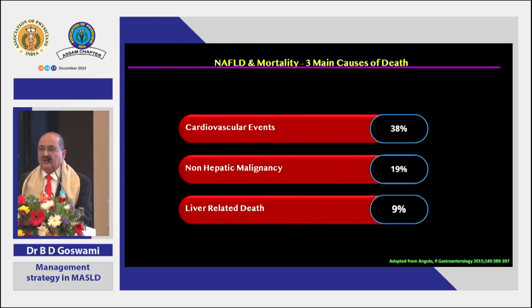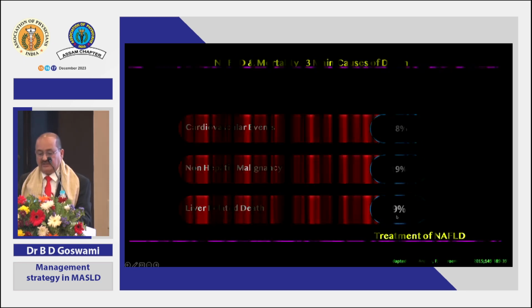And another important point, the most important point I should mention is the 3 main causes of death in NAFLD. It is not the liver. The number 1 cause is cardiovascular events, 38%, non-hepatic malignancy, 19%, and only liver-related, 9%. So it is not the liver. Our target should be other than the liver.